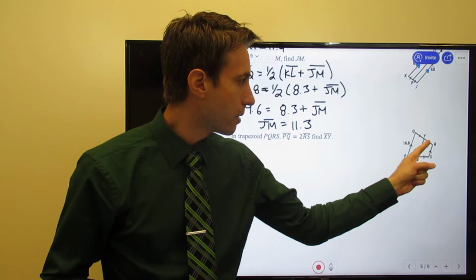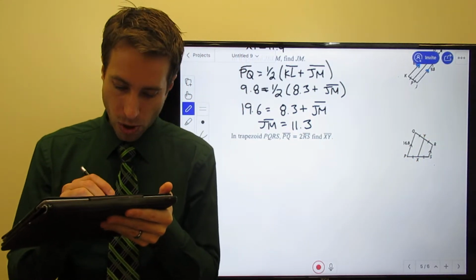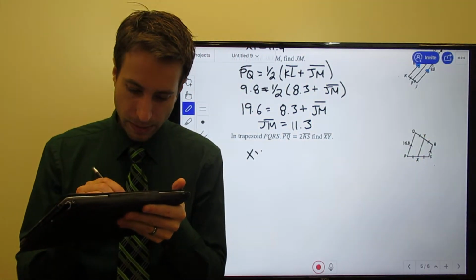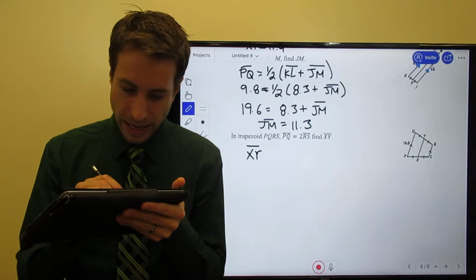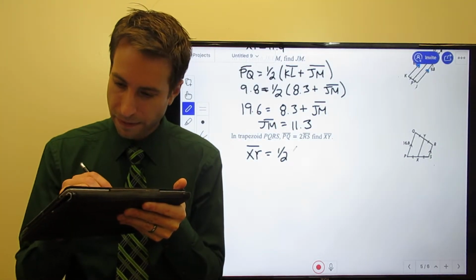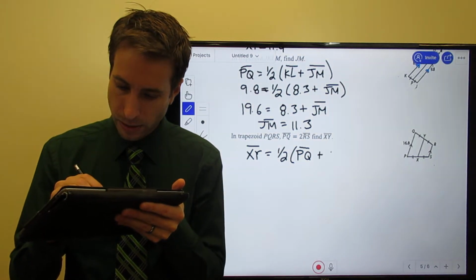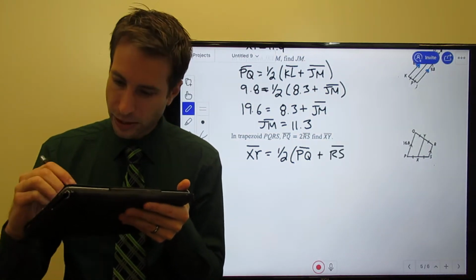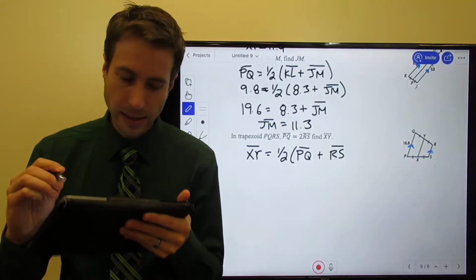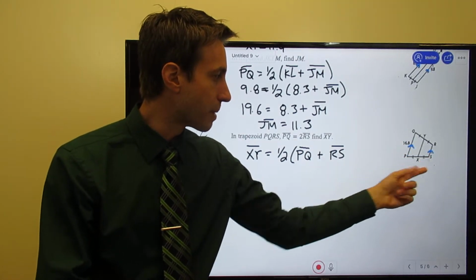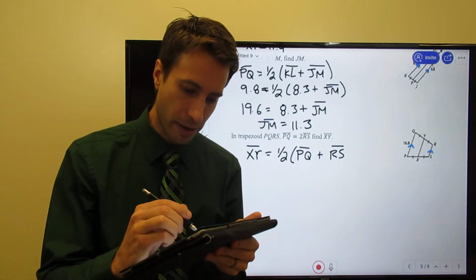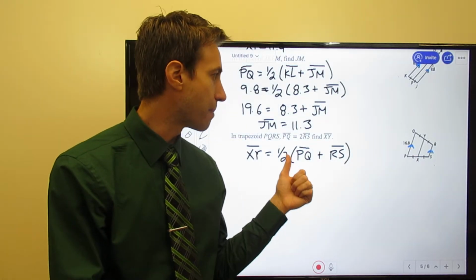So my midsegment, right there, XY. That's my midsegment. That is equal to 1/2 PQ plus RS. These are my base sides. There's a base side, there's a base side. We add them together, divide by 2.